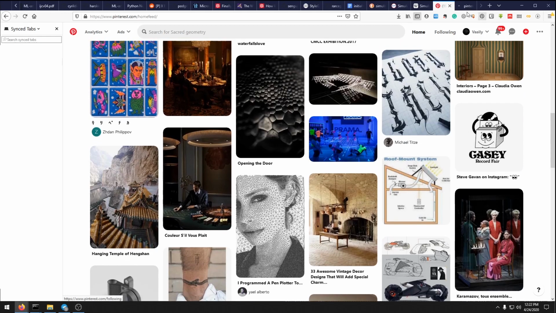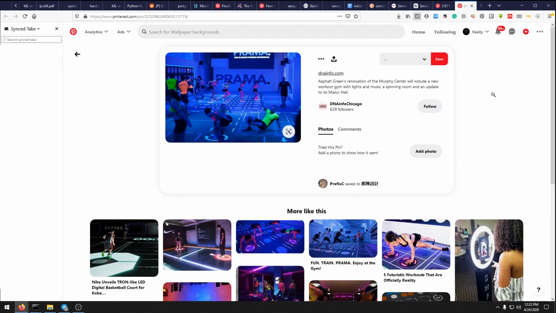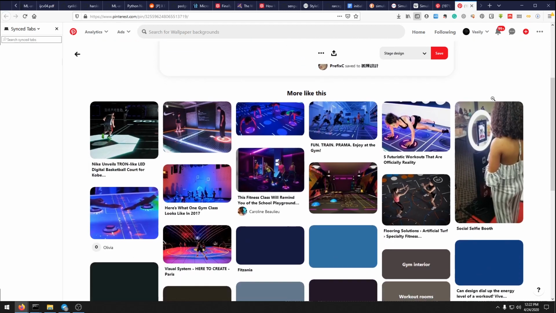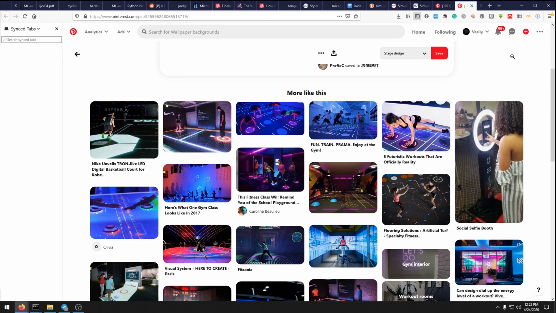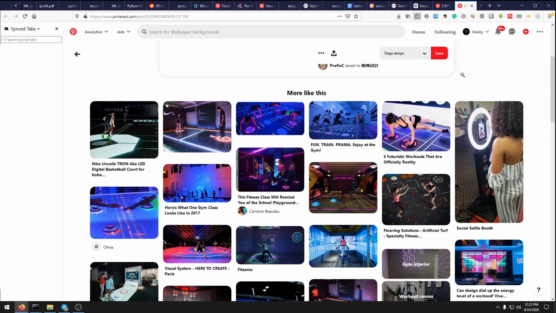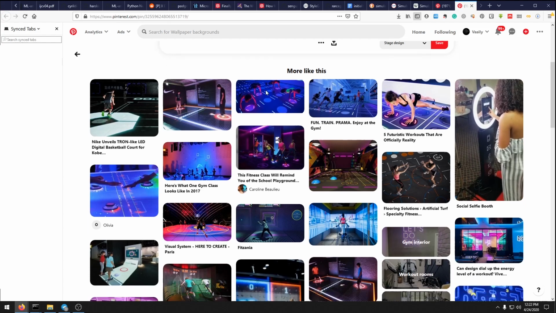We have a lot of these currently popular media spaces, how they call it. Basically you get a space, you add some lighting, some projection, some interaction. It's good for brands, for commercial use.